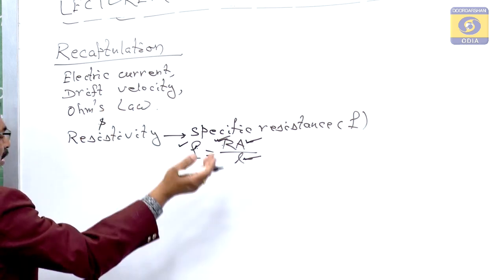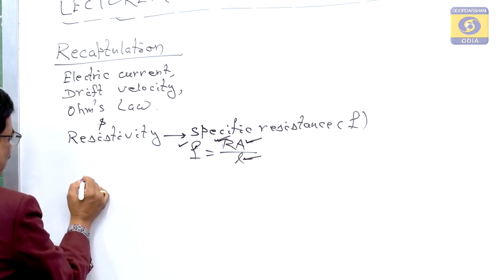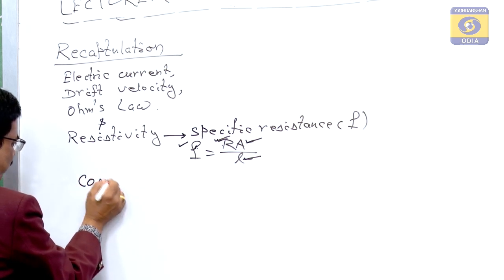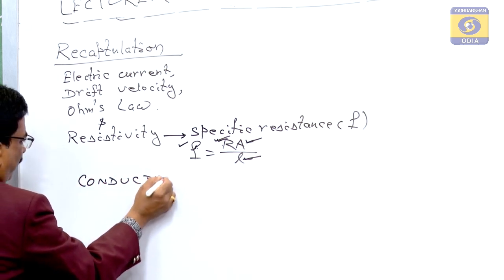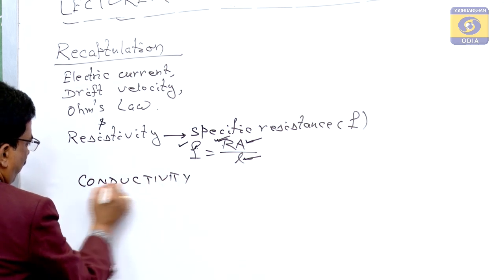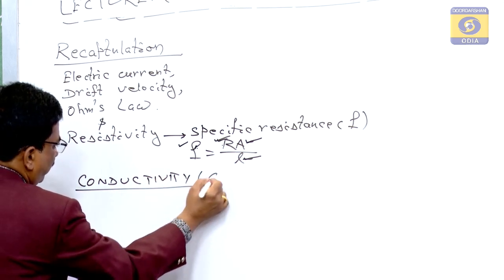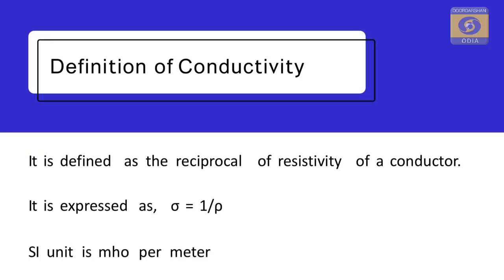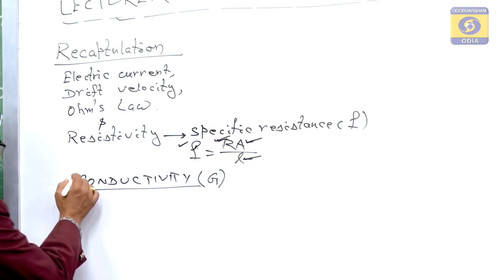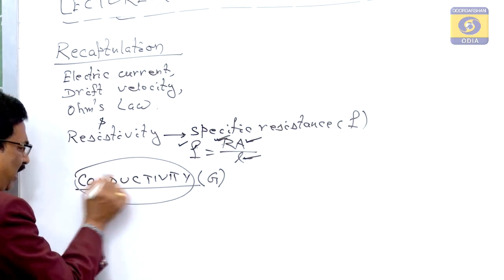Next, according to our syllabus, is conductivity, which according to my symbolization we take as the symbol G. Conductivity, its parent word is conduct.